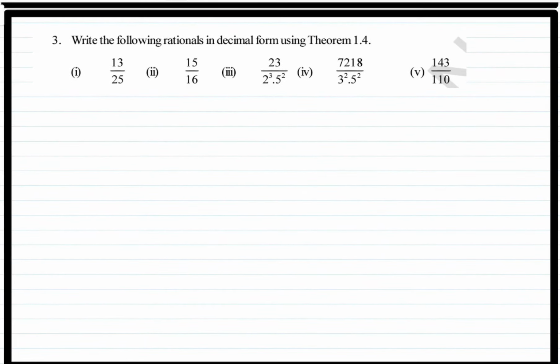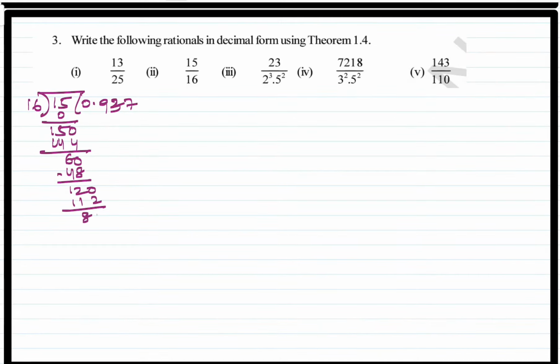Check once, we can verify that 15 divided by 16. 16 zeros are 0, 15, 150, 16 nines are 144, 60, 16 threes are 48, again 120, 16 sevens are 112, 80, 16 fives are 80.